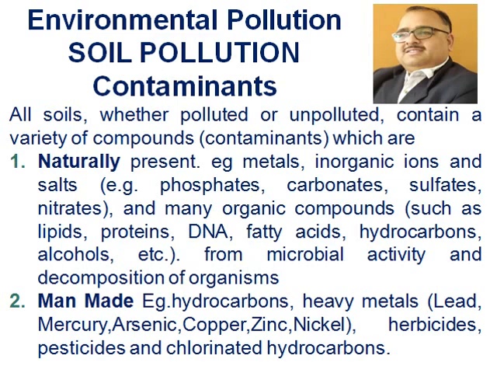There are naturally occurring contaminants such as metal, inorganic iron, salts, maybe phosphate, carbonate, sulfate, or maybe the presence of organic content such as protein, DNA, fats, alcohol, or certain types of microbes which are already present in the particular areas of the soil. So this may be an important reason of contamination.